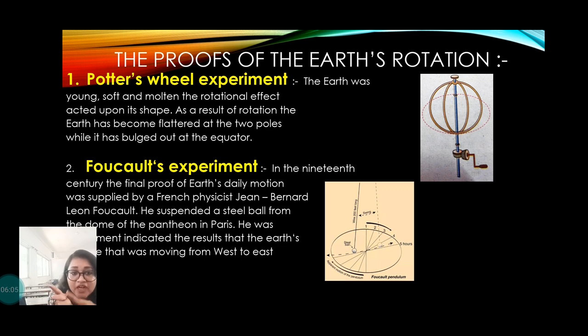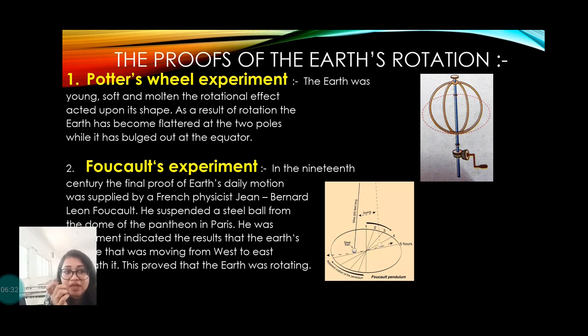He first suspended a steel ball from the dome of the Pantheon in Paris. Then the movement indicated the result of the earth's rotation. Okay, that was moving from west to east. This is how we can know that the earth moves, and this is proof that the earth is rotating around the sun.